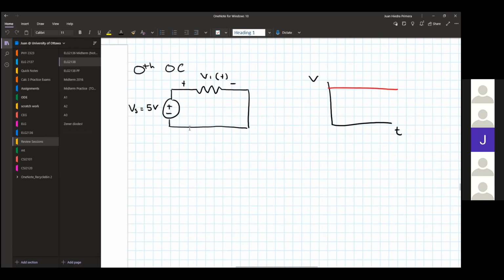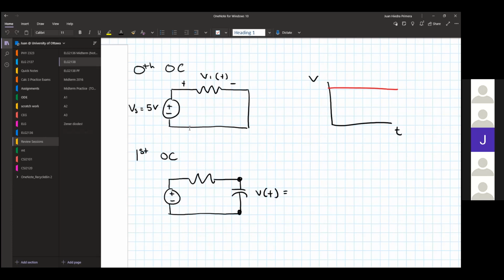In a first order circuit, however, I'll use capacitors since they're the ones whose curve I'm a little bit more familiar with. This is the voltage we're going to be measuring. This voltage is equal to, just give me a second to get the formula.